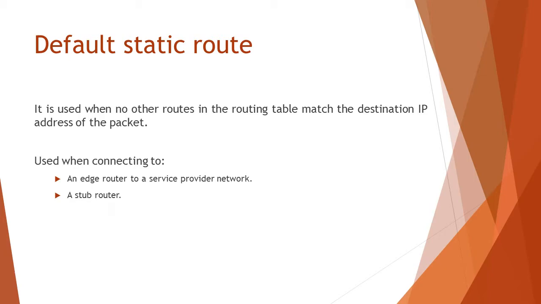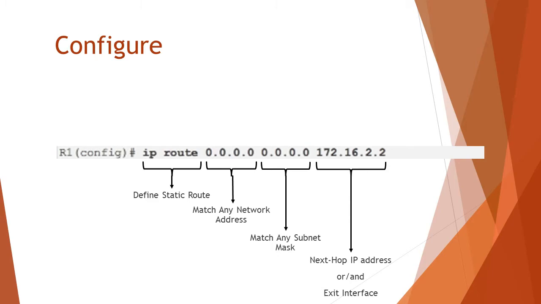The default static route is used when no other routes in the routing table match the destination IP address of the packet. Also, when connecting an edge router to a service provider network or to a stub router. IPv4. The basic command syntax to configure the default static route in IPv4 is the one showing on your screen, where ip route defines the static route.